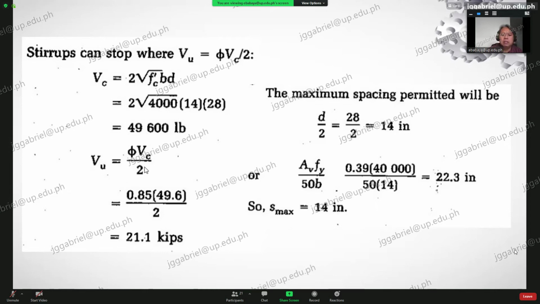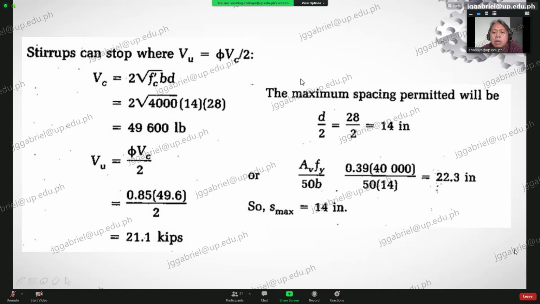Okay, so it says phi VC over 2. So your phi is 0.85 times 49.6 divided by 2. So you get 21.1 kips. Okay. And then, just keep this in mind. Itabi nyo lang itong value na to. Later natin tignan sa shear diagram.